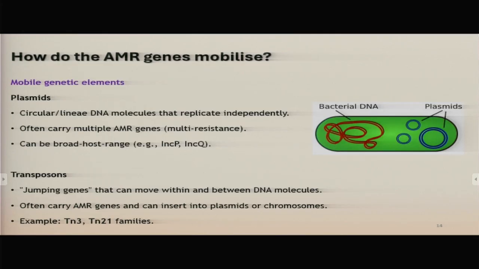Then we have got transposons, right? People here might know what transposons are, but if you don't know what transposons are, these are elements that have insertion sequences or insertion elements linked to certain structures, and these are jumping genes. These insertion sequences are jumping genes that can move within and between DNA molecules.